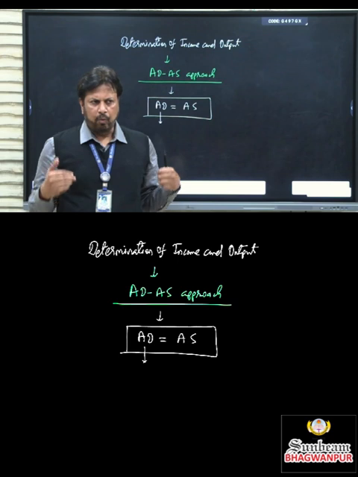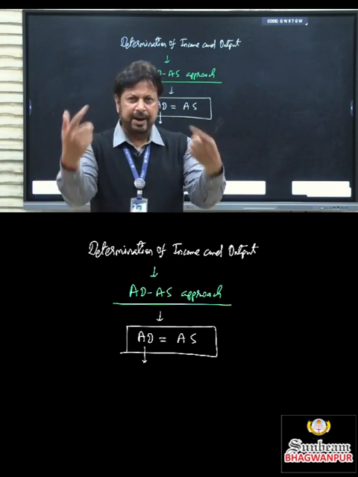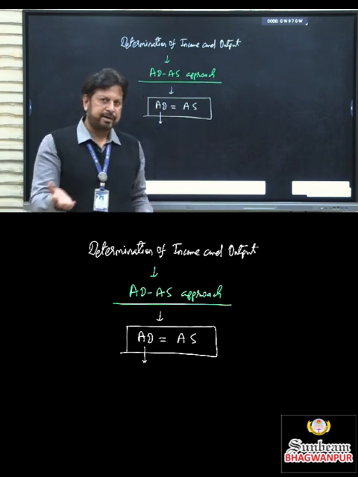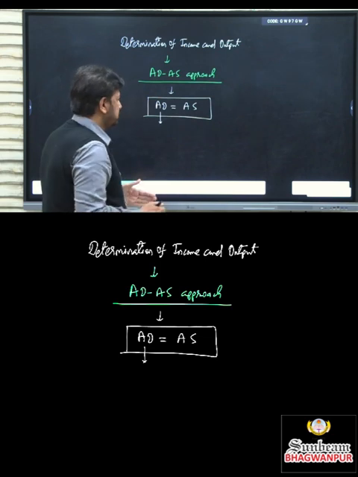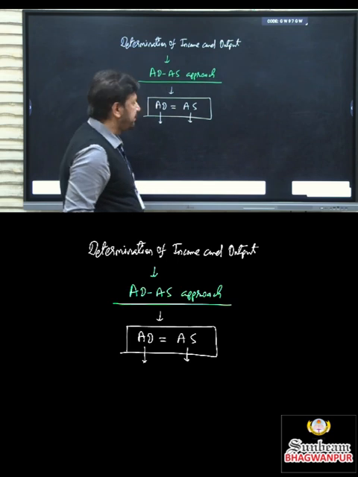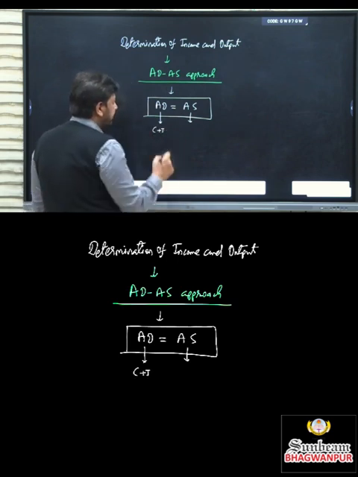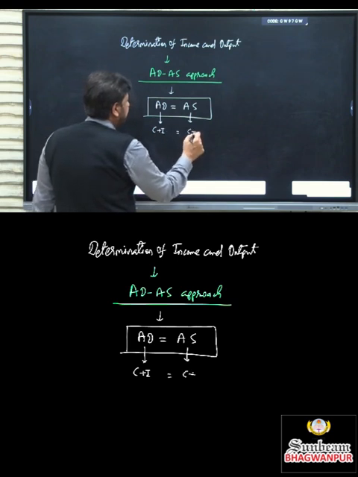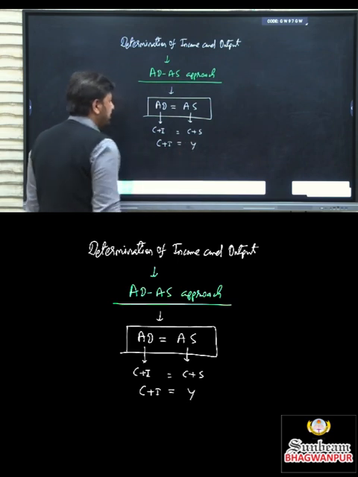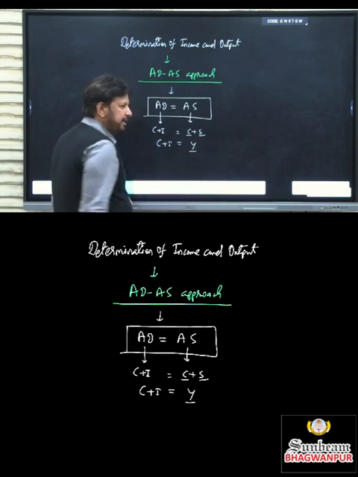It means that whatever households and firms are planning to spend on final goods and services, the same amount firms are also planning to produce in the economy. So in that case, the economy is going to be in a state of equilibrium. Aggregate demand, we know, is C plus I, and aggregate supply is C plus S, or in other words we can say that C plus I is equal to Y, because consumption plus saving is going to be income.